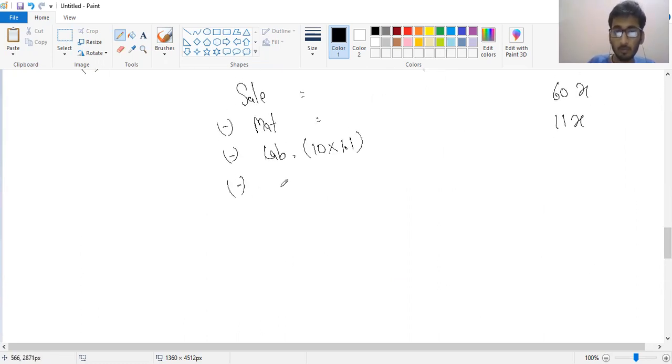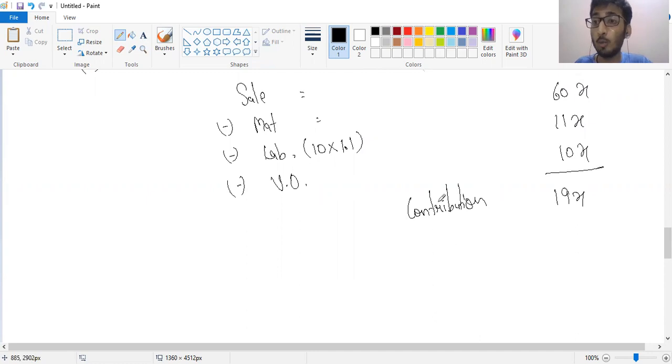Now variable overhead would be 10X. So I can say contribution would be 19X. Now we need to maintain at what level? So we can say 19X is equal to 1000700, because we need to maintain this contribution.